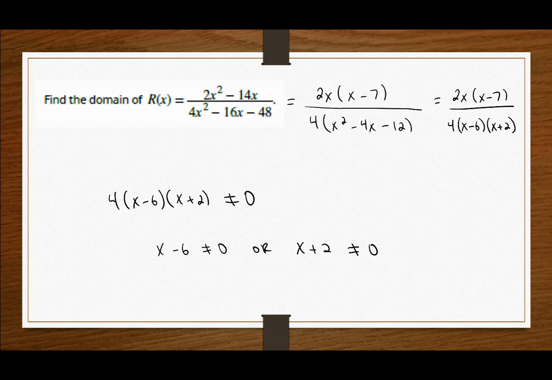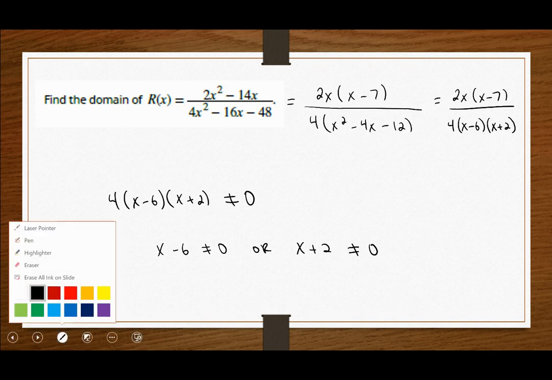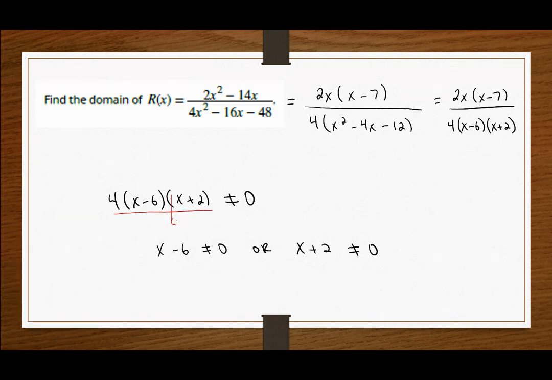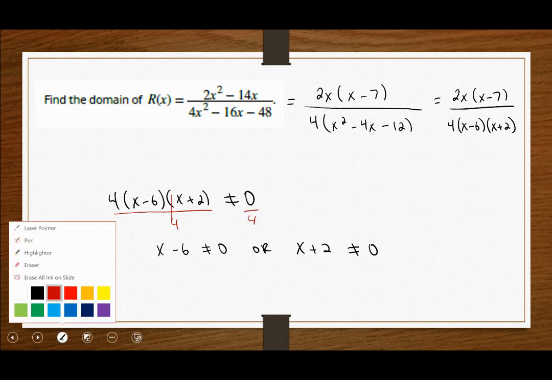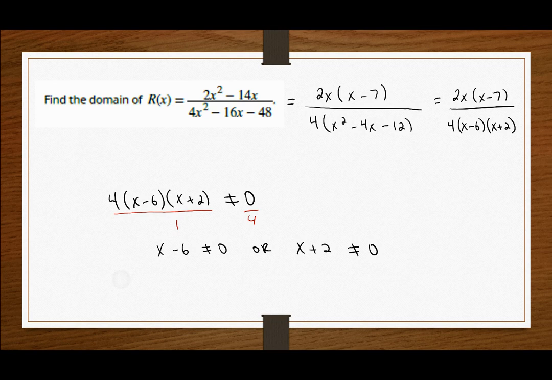What do I do with the 4 here? Well, if we try to divide the 4 out of each side of the equation, it just disappears. And so any numeric value like this is just going to go away, and all we're left with are the factors. So x minus 6 can't be equal to 0, and x plus 2 can't be equal to 0, which means my domain is anywhere x is not equal to those values.